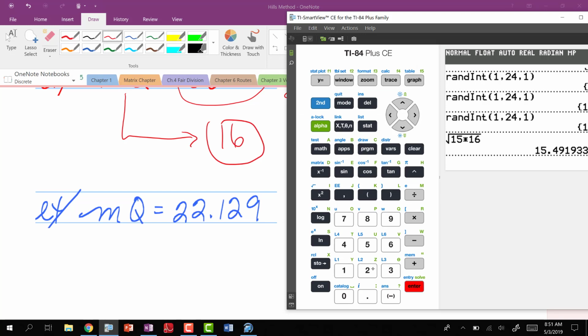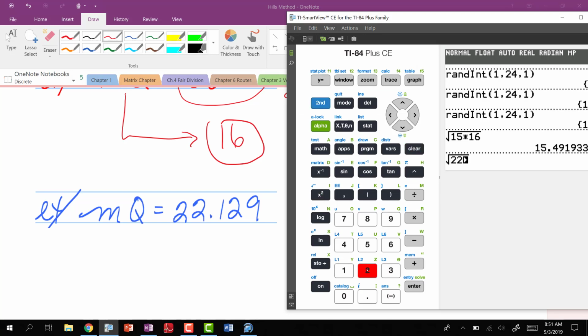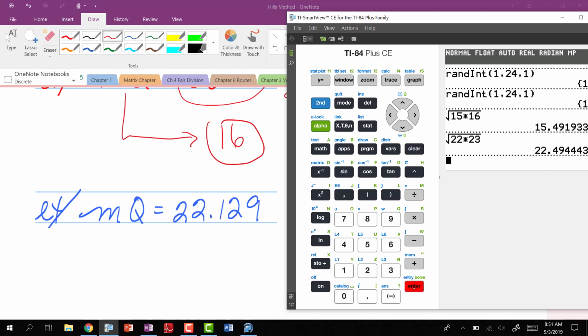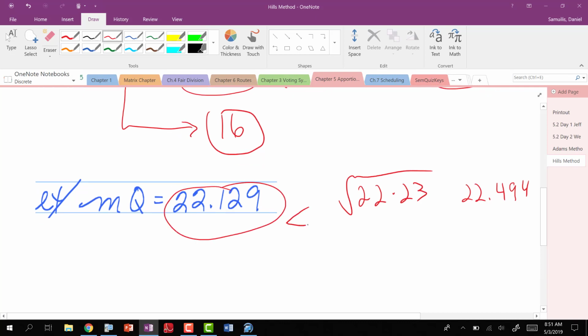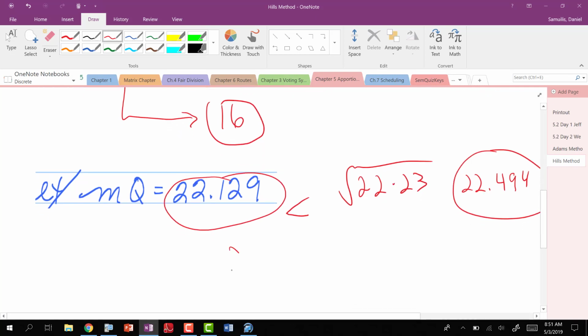These decimals usually end up being 0.4 something, and you'll see that as you go through this. 22.494. This number is less than the geometric mean. That means this quota will be assigned as 22, not 23.